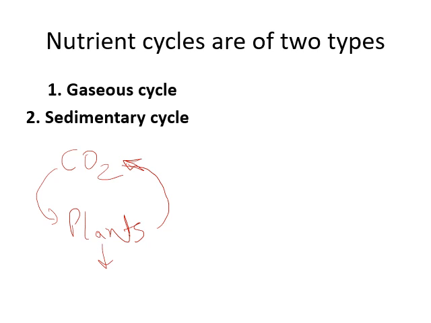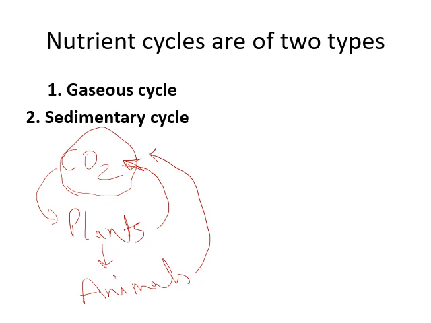Plants pass carbon to animals, and animals also respire to release CO2 back into the environment. So here there is exchange of a gas between the non-living environment and living organisms. So in a gaseous cycle, there occurs exchange of gas between the living world and the environment.